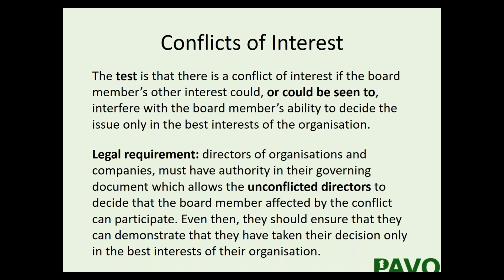It's always wise for organisations to have a conflicts of interest policy that states how to identify a conflict in the first instance. And there are things like a register of potential interests. So each director, each trustee lists the organisations that they are involved with.